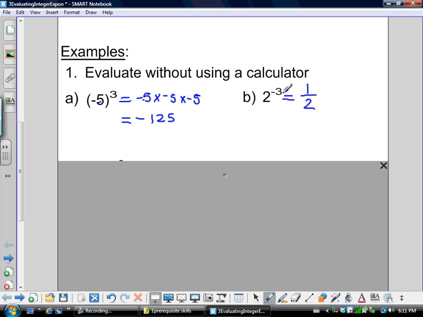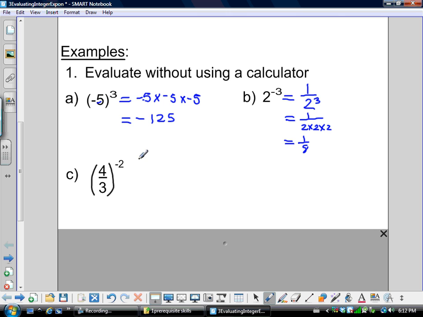And instead of to the power of negative 3, it's to the positive 3. So that's the same as 1 over 2 times 2 times 2, which equals 8. Okay, so obviously if you took your calculator to calculate that, you're going to end up with a decimal. This way I have a fraction, which is usually more exact.